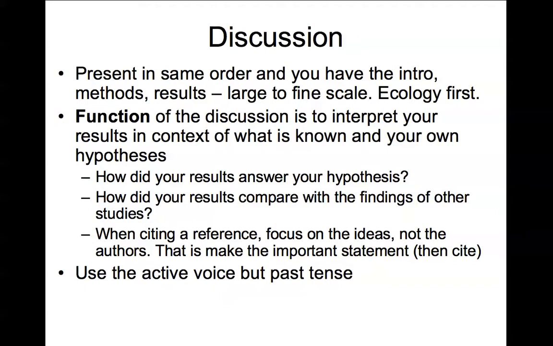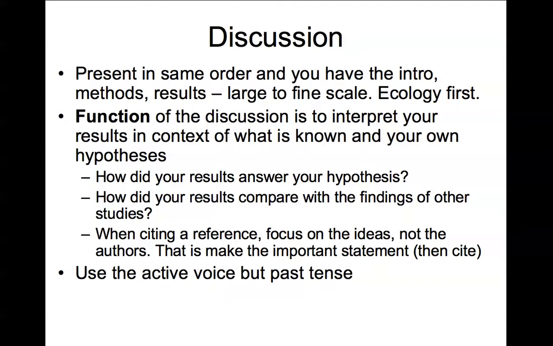So then I guess I'll move on. I'll talk a little bit about the discussion. So the discussion should be presented in the same order you have the intro, methods, and results. From large to fine, always put the ecology first. Here I shouldn't have to worry about reading any statistical blah, blah, blah.